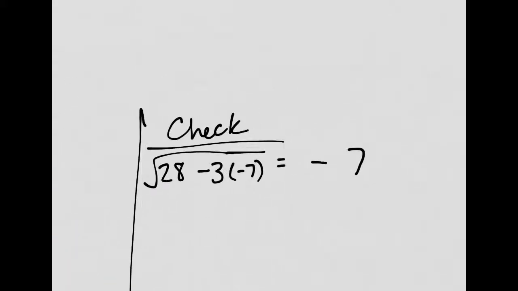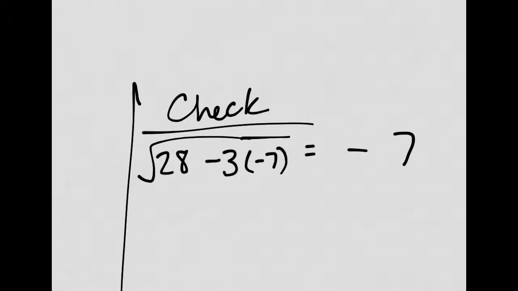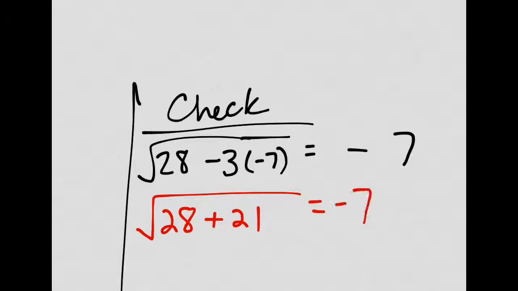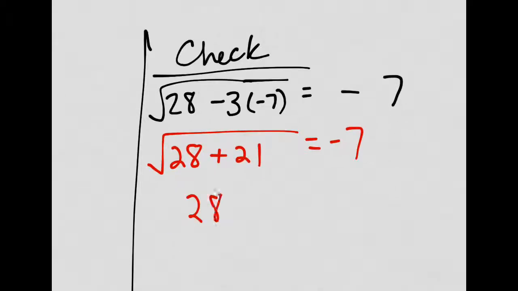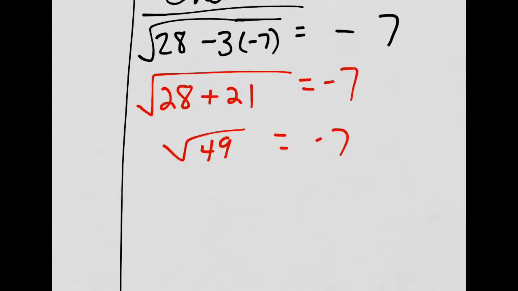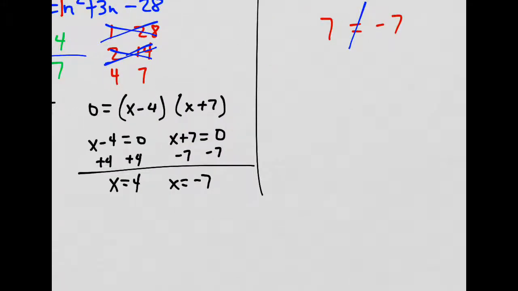So that's going to give me the square root of 28 plus 21 is equal to negative 7. So that's the square root of 49 equals negative 7. Square root of 49 is 7. Is that equal to negative 7? No. So negative 7 doesn't work.